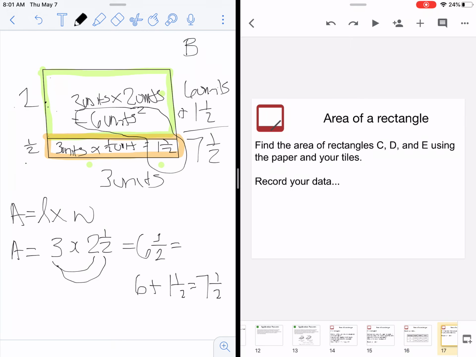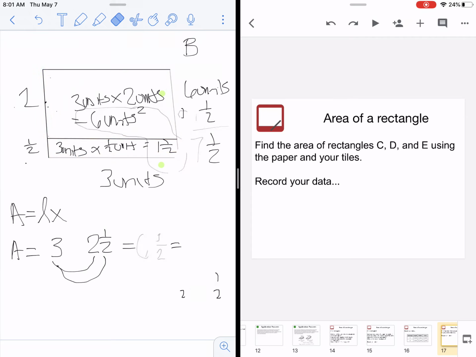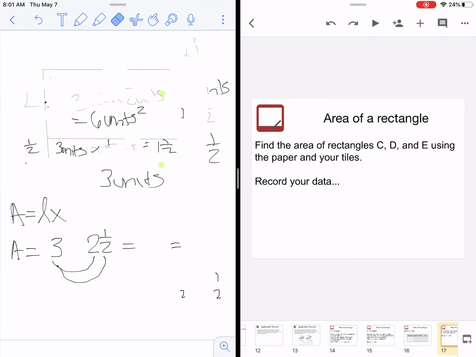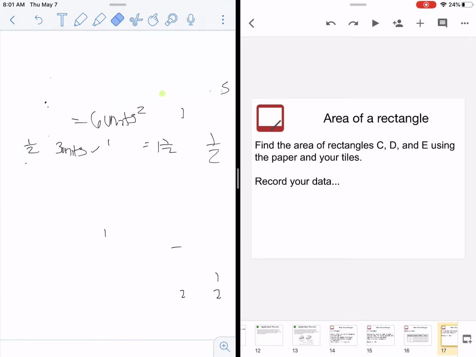Okay, so now we're going to find the areas of rectangles C, D, and E, except you do not have paper tiles. So what I'm going to do is write them, and you're going to just draw them out. You can use the notebook with the grid paper that we gave you to draw these if you want, or you can just draw them in your composition notebook or on your iPad like I'm doing.